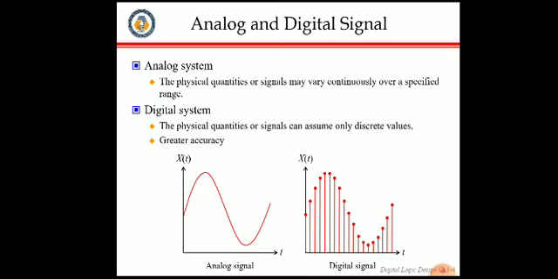One is the analog signal. It is a continuous time varying signal, for example a sine wave. The signal x(t) varies continuously between two peaks.